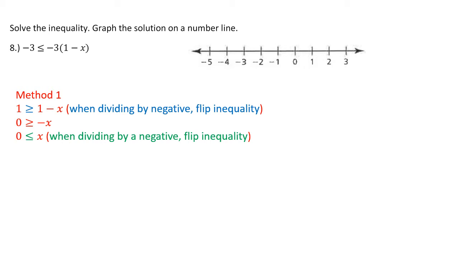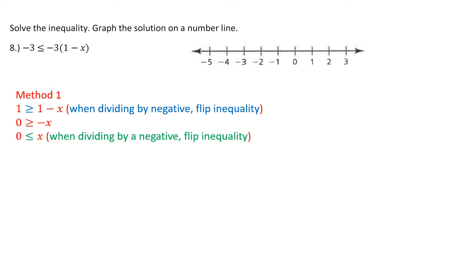In step 2, if I subtract the 1 from both sides, I get 0 is greater than or equal to -x. And I want to know what x equals, or what is x greater than or equal to in this situation because of the inequality. So again, if we need to divide by a negative, we can isolate the x, but we do have to flip the symbol again. So that's one method to get x by itself.